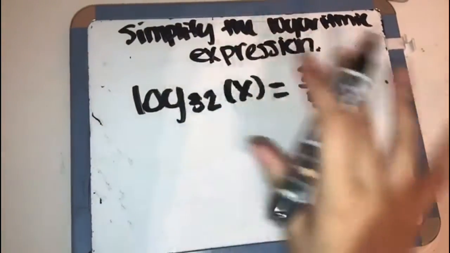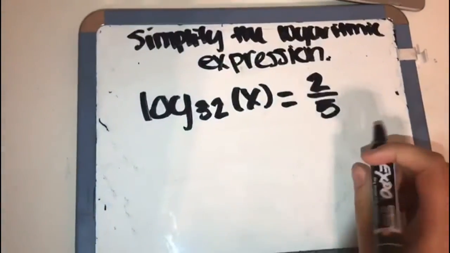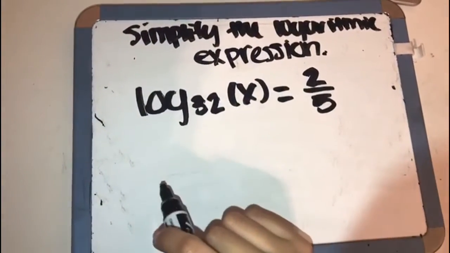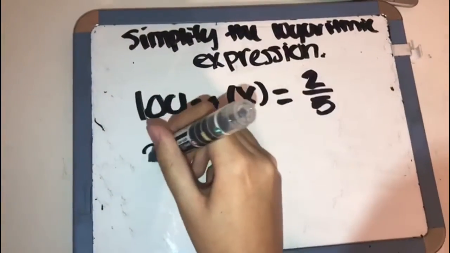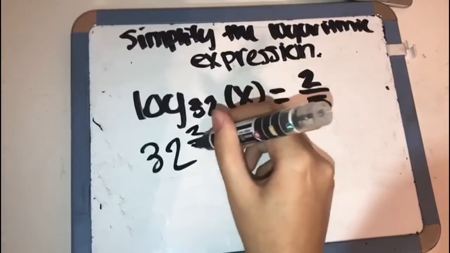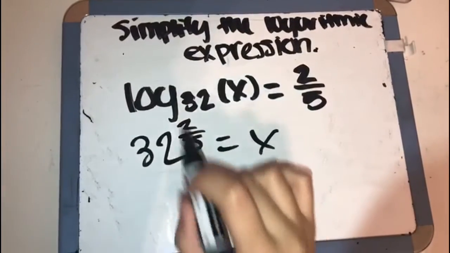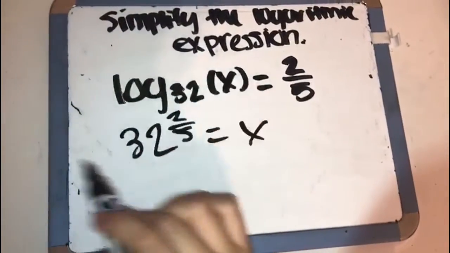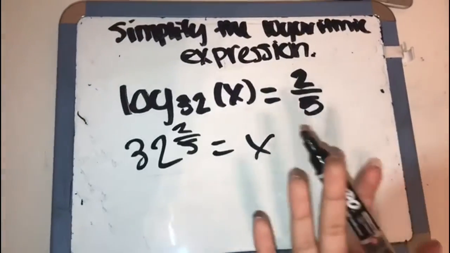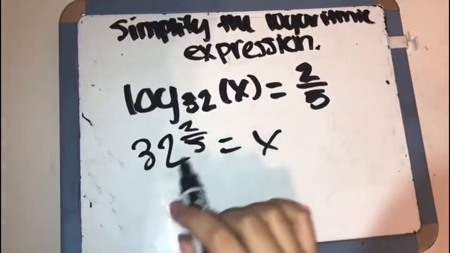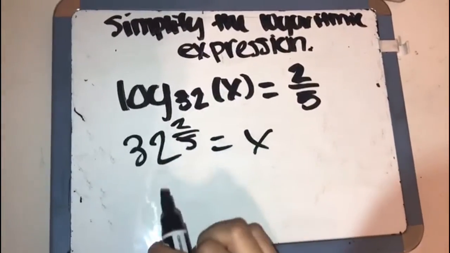This is the same, except it's in logarithmic form instead of exponential form. Since 32 to the 2/5 equals x, this is the exponential form of the logarithmic form. It's just the logarithmic form changed to exponential form, to show you what it looks like, since it's easier if you change to exponential form.